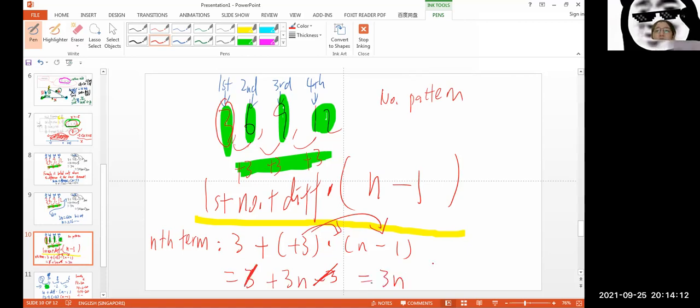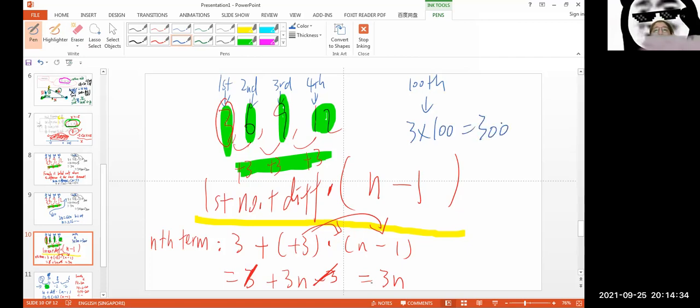That's why this is the formula for nth term. So now, let's say if they ask you for the 100th number, what is it? Just use 3 times 100. So in fact, it's 300 in this case.